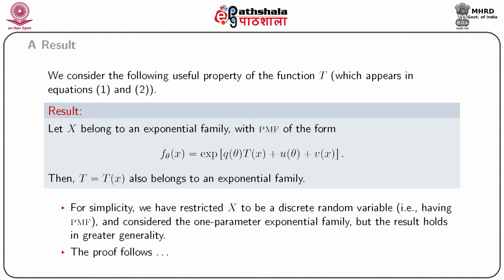The PMF of x is given by f_θ(x) = e^(q(θ)T(x) + u(θ) + v(x)), x belongs to script X, θ belongs to script Θ, where q(θ) and u(θ) are real valued functions of θ only and T(x) and v(x) are real valued functions of x.